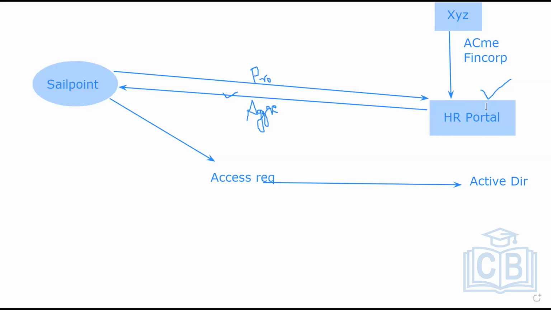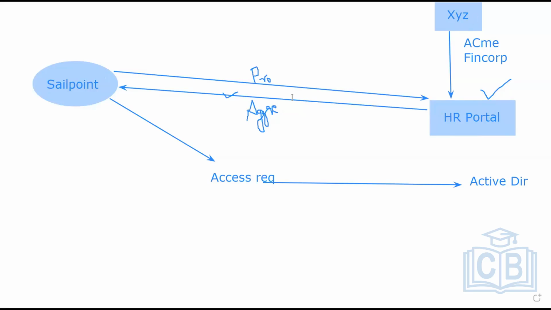It could be Workday, PeopleSoft, Employee Central, SuccessFactors, or they may have some different application. This application is already integrated with Sailpoint, because Sailpoint needs a trusted source, genuine data. From there, Sailpoint will aggregate or pull the user data and the identity will be created.